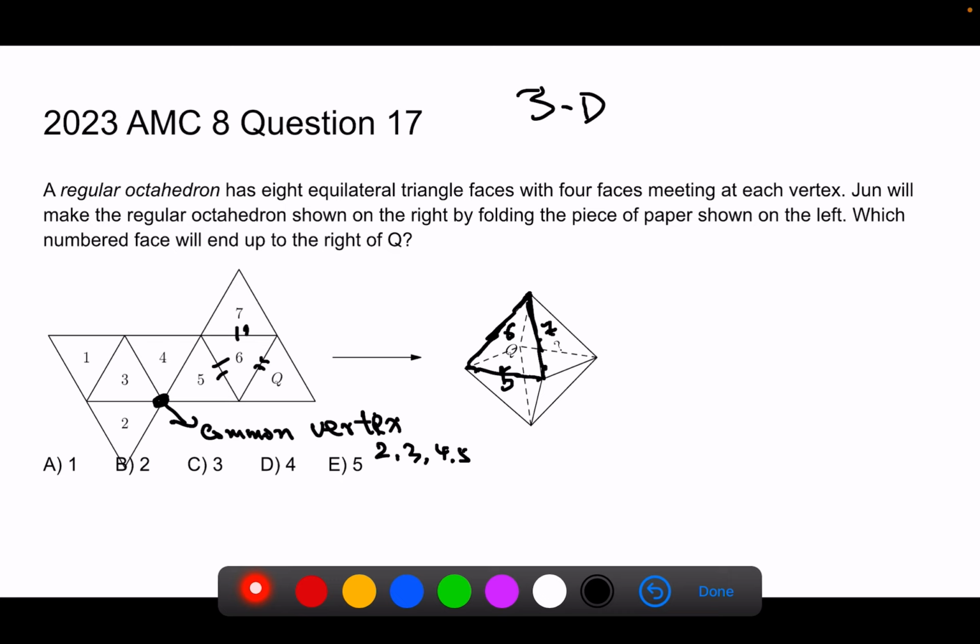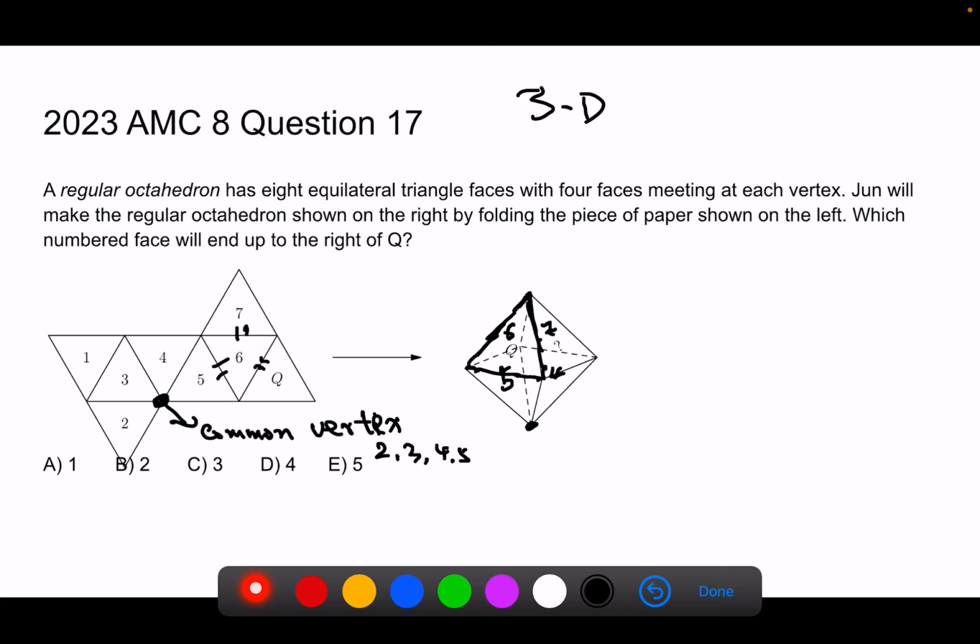And 5 does not touch 1. So in that sense, if you look at it, 5 is here. This is a common point. 5 is having a common point with 3 other faces in the bottom. And we know those 3 faces have to be 4, 3, 2.